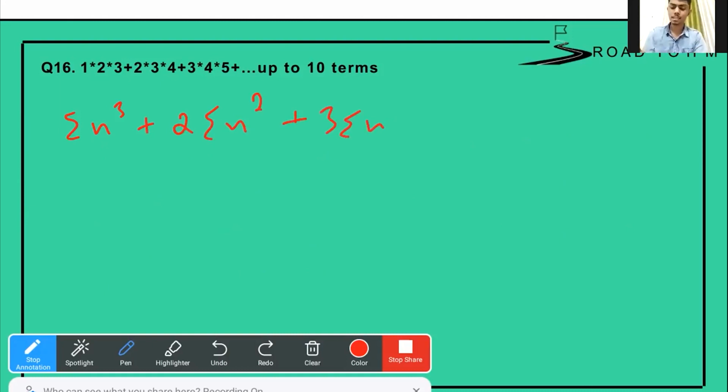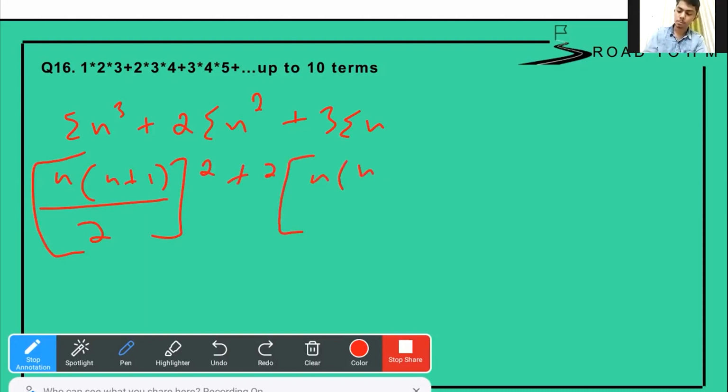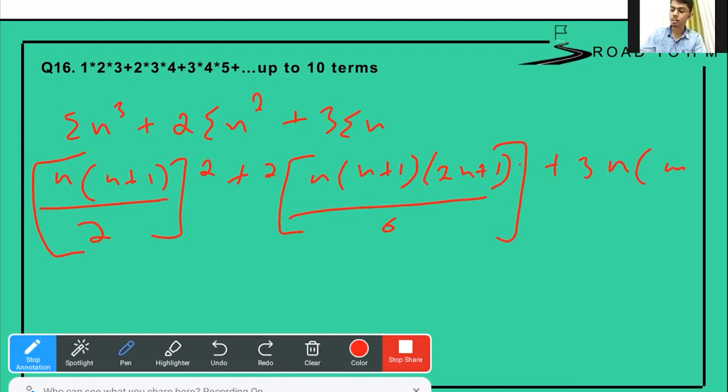Remember, n cube plus... this was the case. What is the sum of cubes of the first n natural numbers? n multiplied by n plus 1 by 2 whole square, plus 2 multiplied by n multiplied by n plus 1 by 2 plus 1 by 6, plus 3 multiplied by n plus 1 by 2.